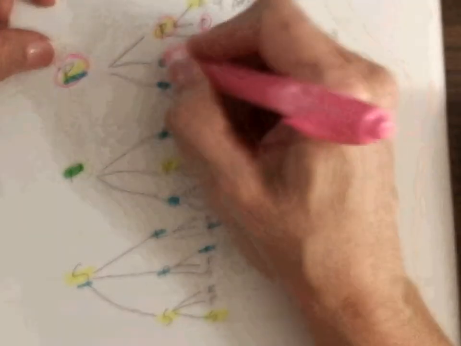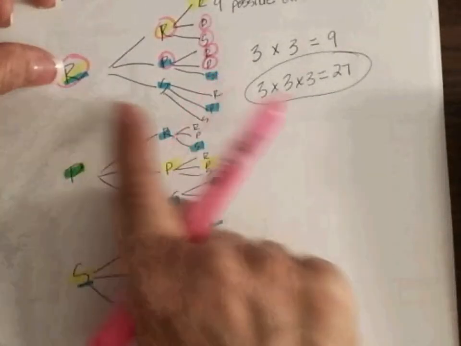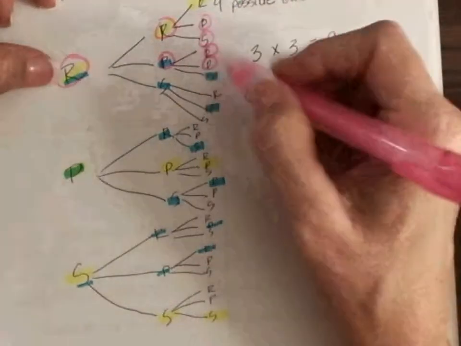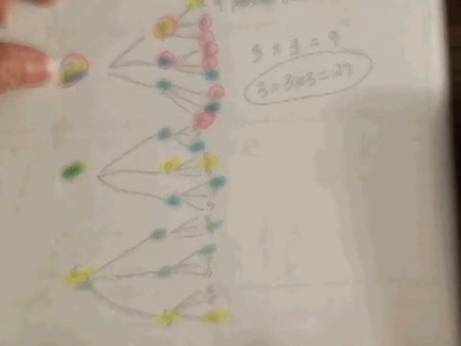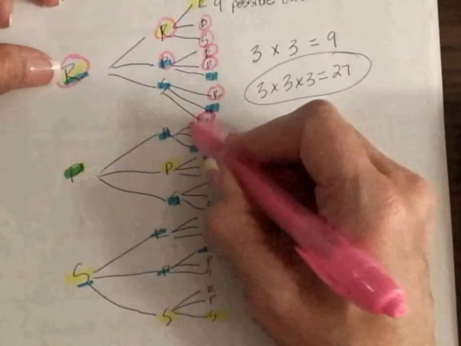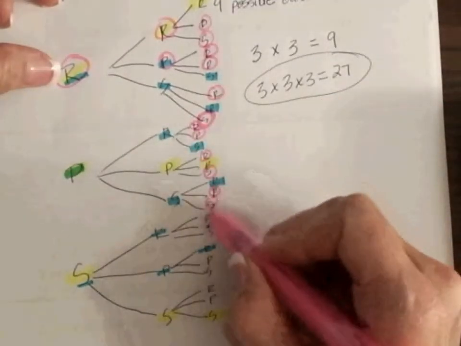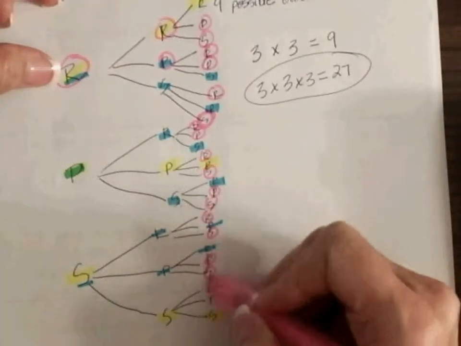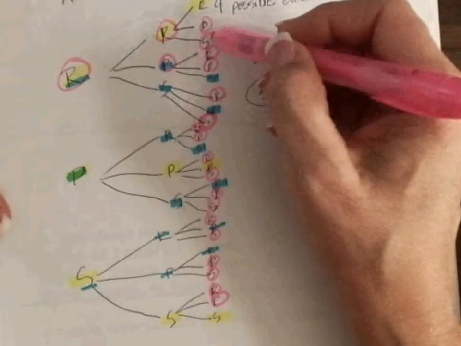Rock, paper, paper, that's 2, the same, right? Rock, scissors, rock, scissors, scissors. So it's going to be all the ones we haven't already highlighted. Goodness, I think I want to be player C.